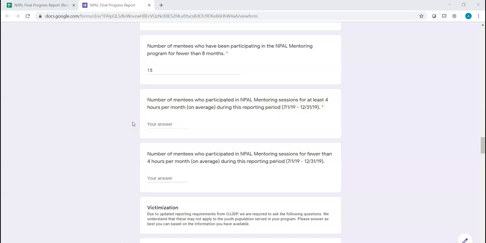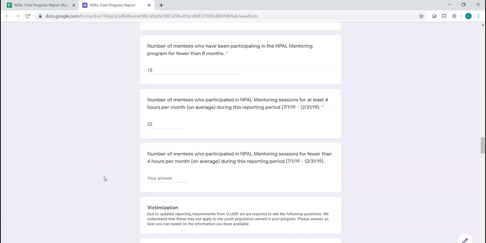So that's more or less 1 hour per week. If some of your youth, again, missed a few sessions here or there, that's totally fine. You can still count them in this number so long as they were attending quite frequently and consistently. So for my example, I'm going to put 22 youth who were consistently attending program sessions.